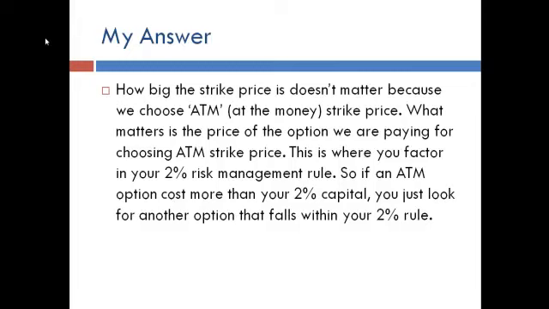Another option's at the money strike price might be $20. So it doesn't really matter how big it is, because we just choose the at the money strike price, the ATM, the last yellow background. What matters is the price of the option we are paying for choosing the at the money strike price, and this is where you factor in your 2% risk management rule. So if an ATM option costs more than your 2% capital, you just look for another option that falls within your 2% rule. Okay.